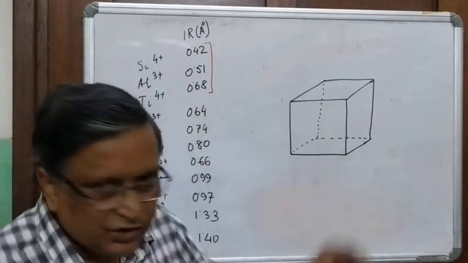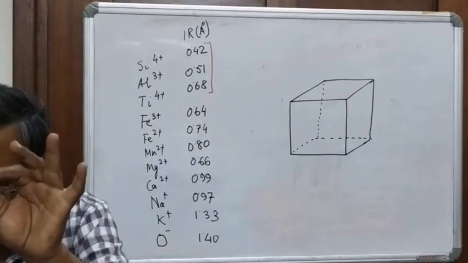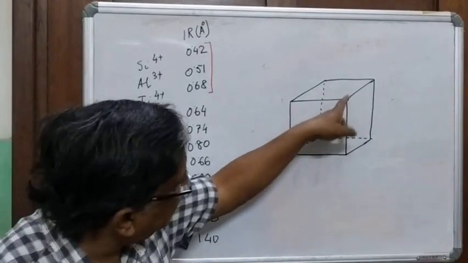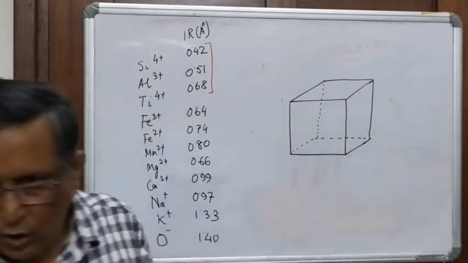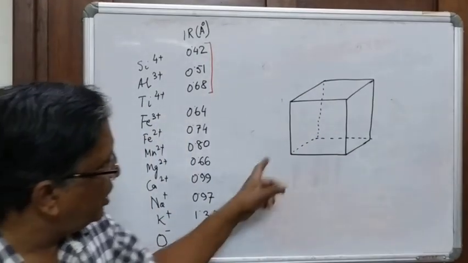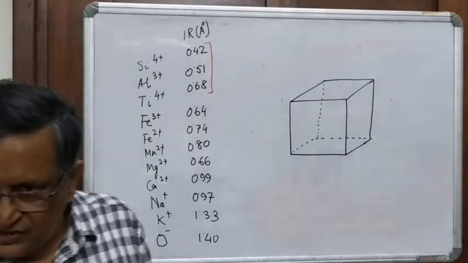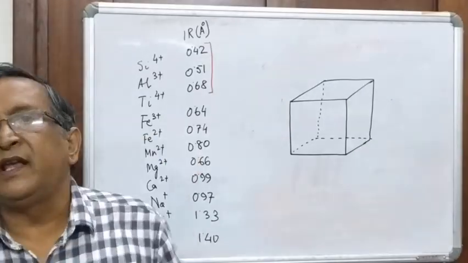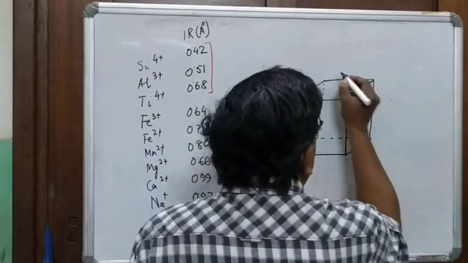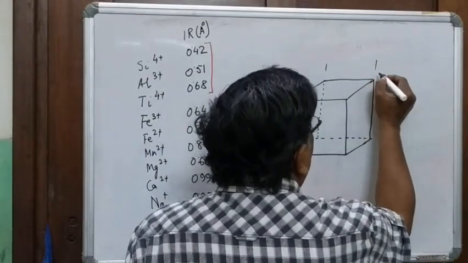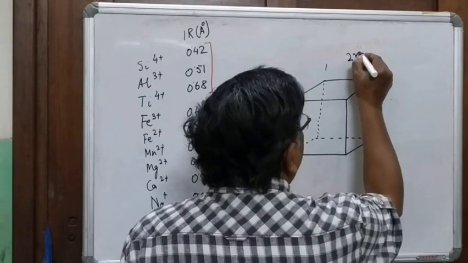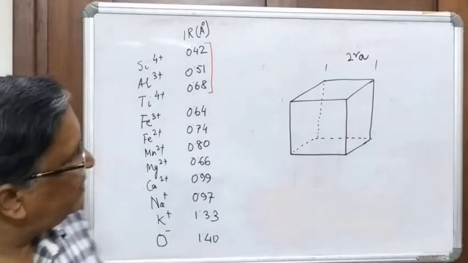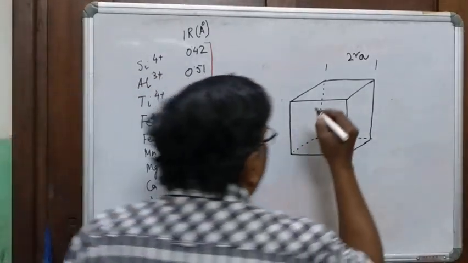So you have oxygens, the centers of the spherical incompressible oxygens, coinciding with the 8 corners, the vertices of the cube, and inside there will be a small cation. The length of each edge will be 2Ra, because half and half. What will that be?